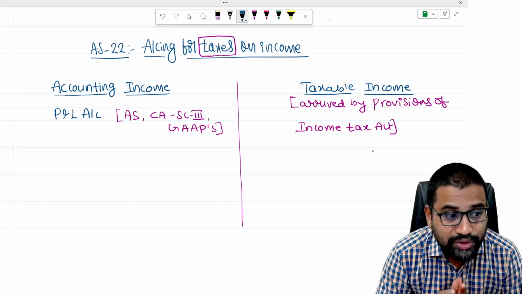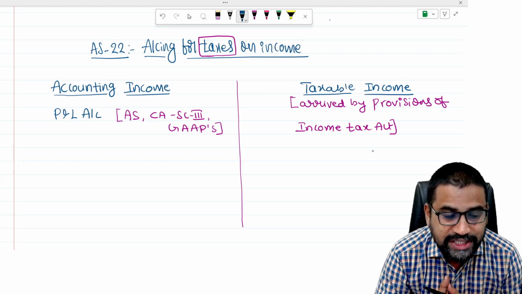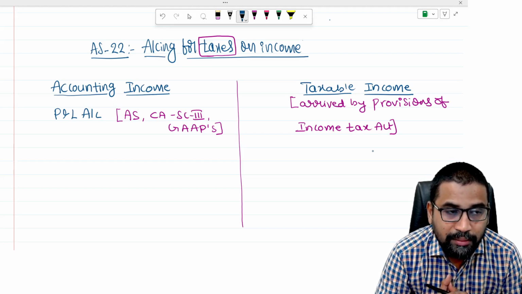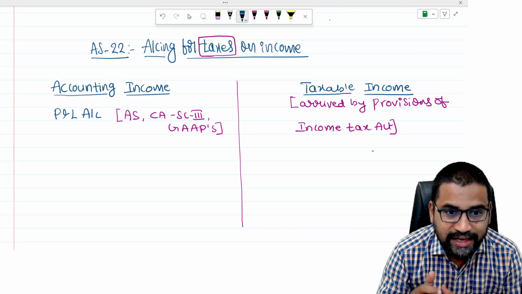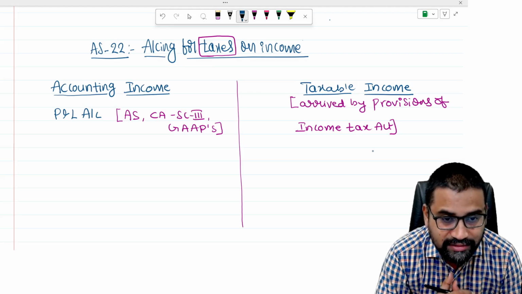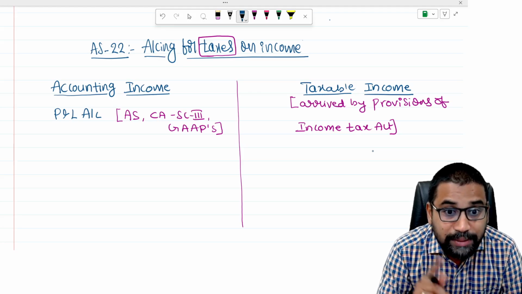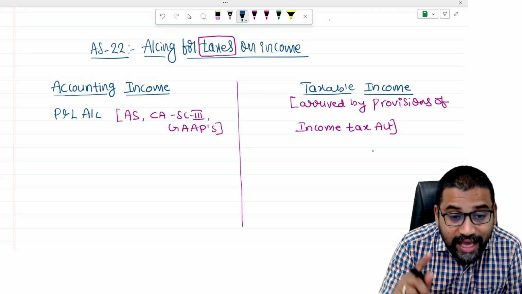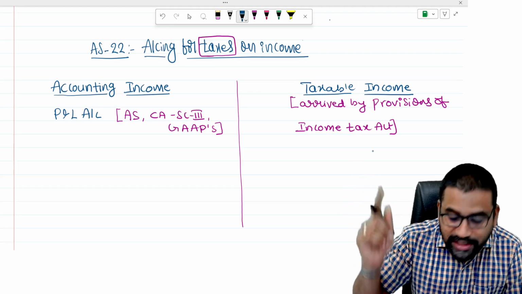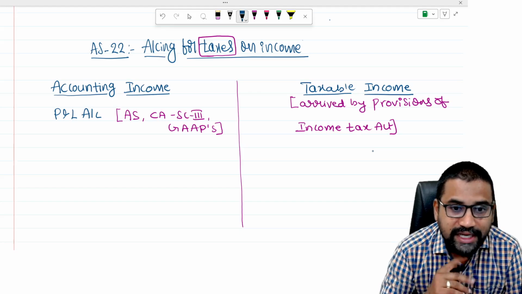In income tax, we know section 32. There are separate rates of depreciation given. For example, building 10%, plant and machinery 15%, some plant and machinery 40%, like that they have given. Now by following those rates, we calculate depreciation. That depreciation is allowed as per Income Tax Act when you are calculating taxable income. But when you prepare P&L account, you follow Companies Act.